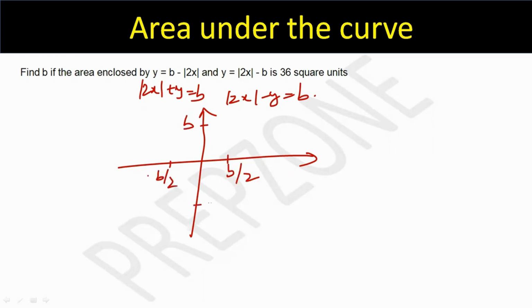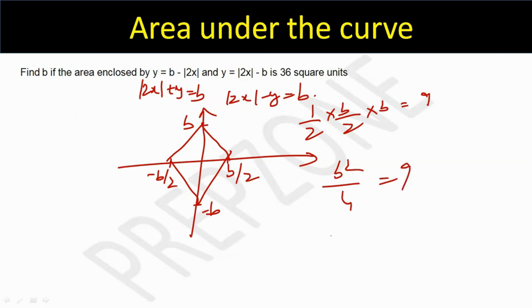So I considered it to be symmetric in all the quadrants. So area will be here half b by 2 into b. Very good. So b square by 4 equal to 9. B square by 4 equal to 9. Okay.